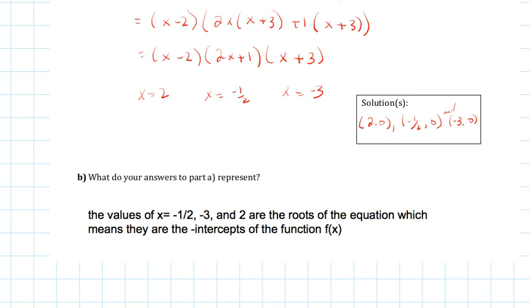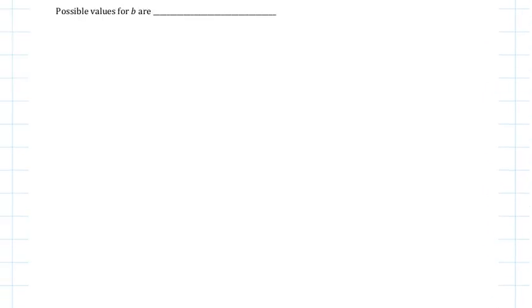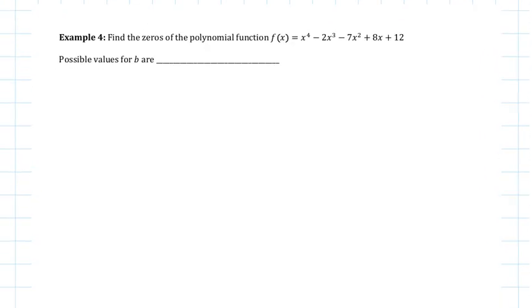So here's another example. Find the zeros of the polynomial function f of x equals x to the power of 4 minus 2x cubed minus 7x squared plus 8x plus 12. In this case, your a value is 1, so you're only finding the factors of 12.